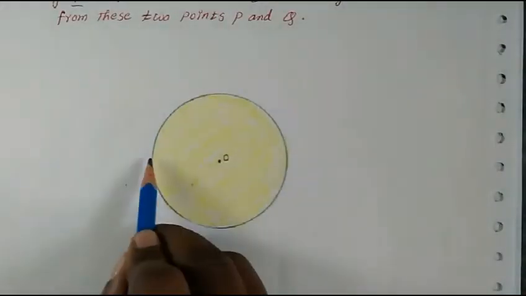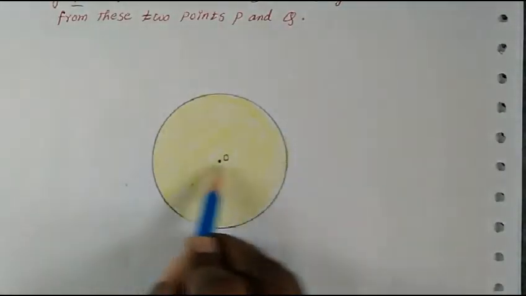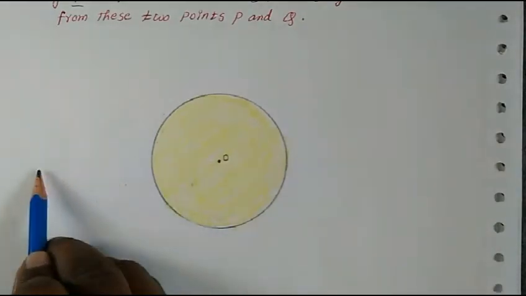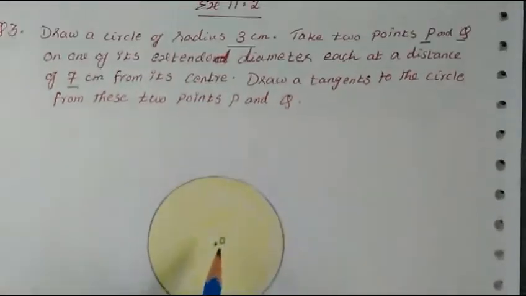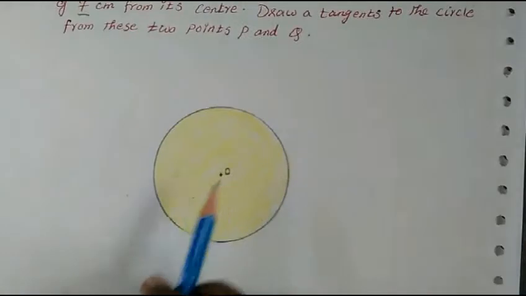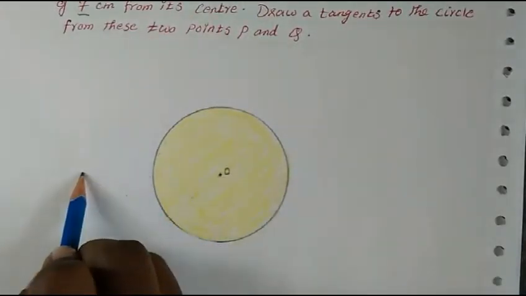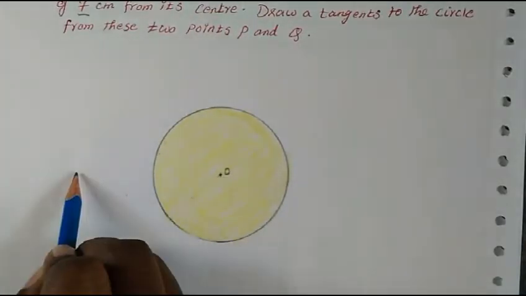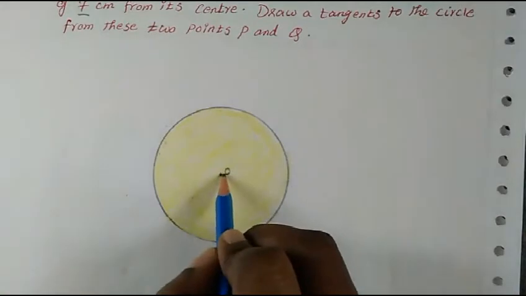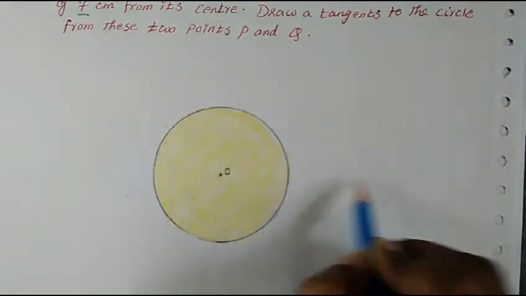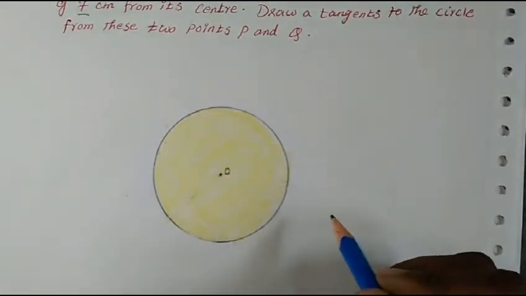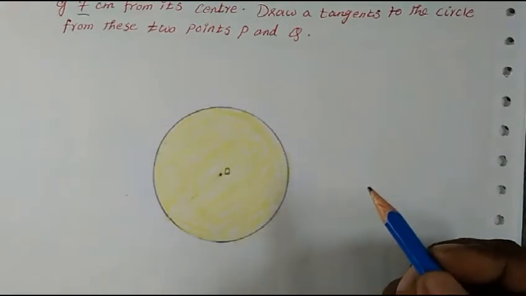So this diameter, each side we have to extend from the center. It is said from its center. So from its center 7 centimeter, you have to extend this diameter, and from this side also 7 centimeter you have to extend. So let's extend.